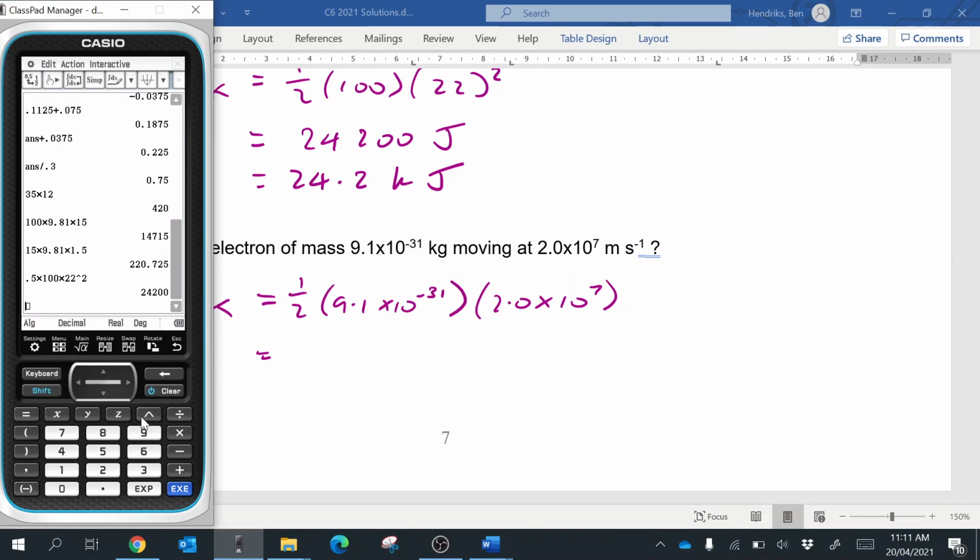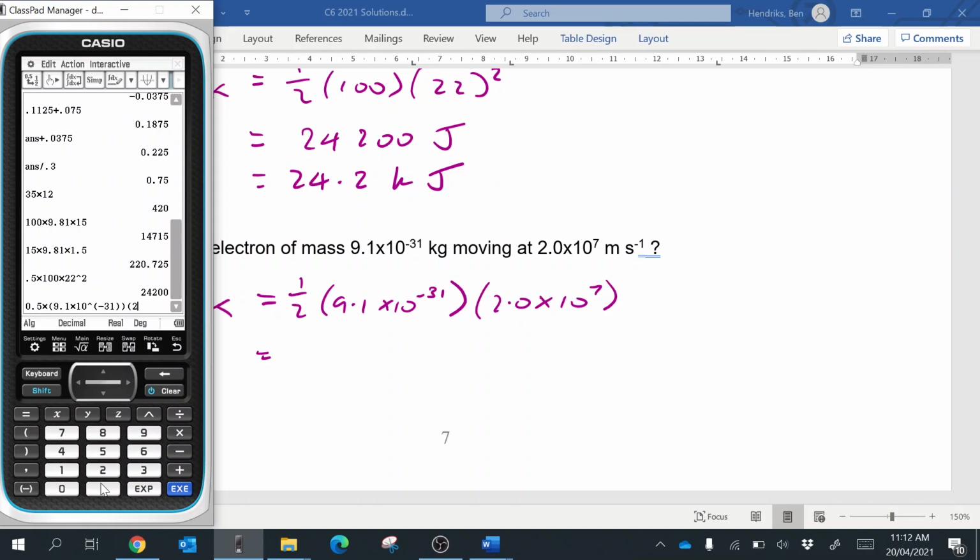So we're going to have 0.5 again, times, I'm going to put in brackets, 9.1 times 10 to the negative 31. I'm going to put these in brackets too because I'm not sure how much this calculator likes negative numbers in indices. So we've got 9.1 times 10 to negative 31, with the double brackets.